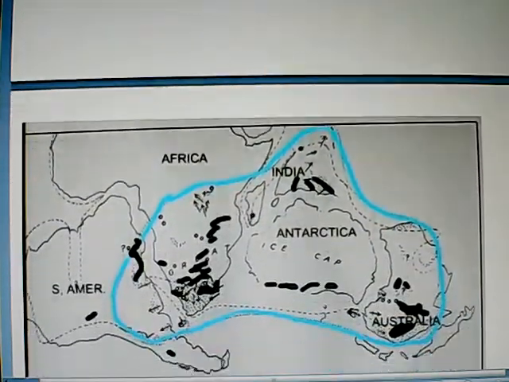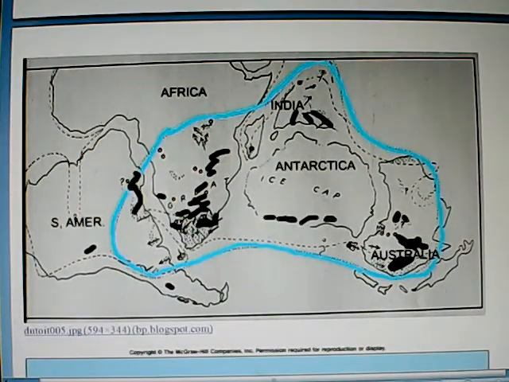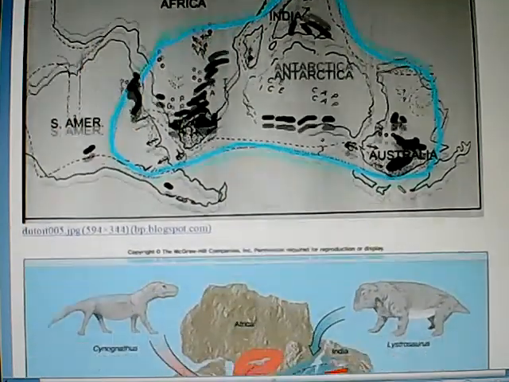Here's a map showing some of the coal deposits from that time period, indicating that Antarctica had to be pointed towards the sun and basically rotating like this so that coal could form in these areas.